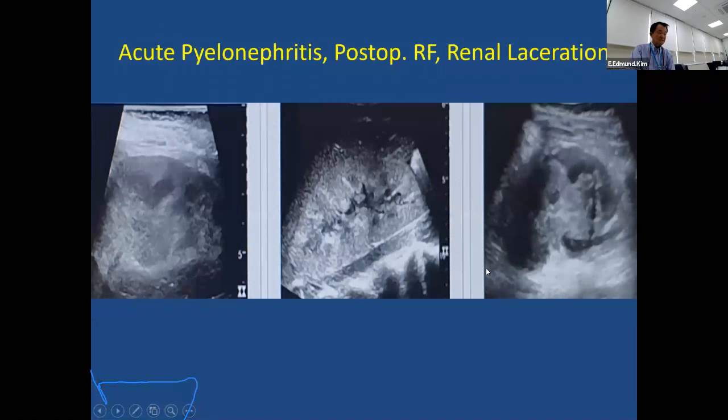And this kind of acute pyelonephritis, you can see the kidney has some line, sort of a laceration of the kidney, and it's an ill-defined infiltrative process.